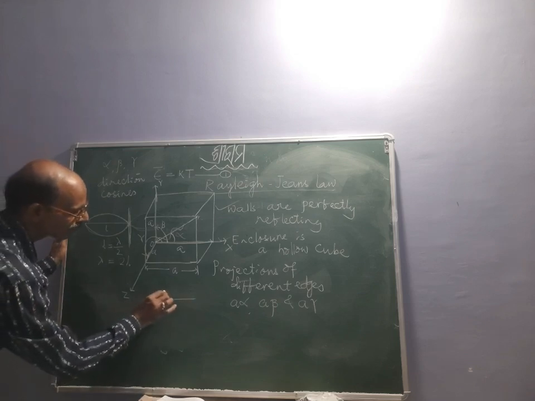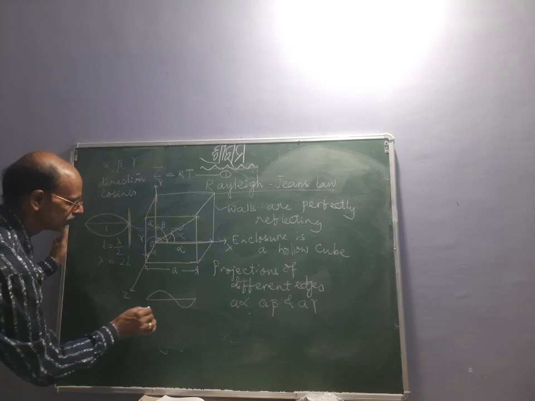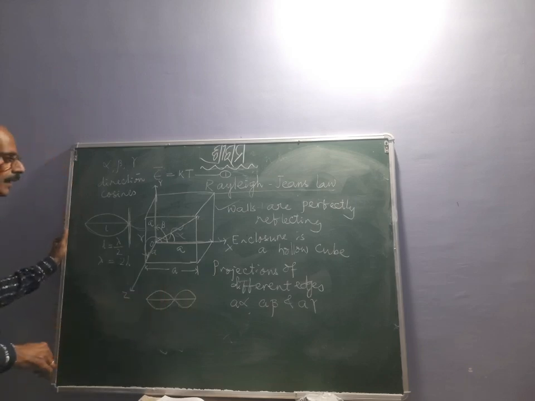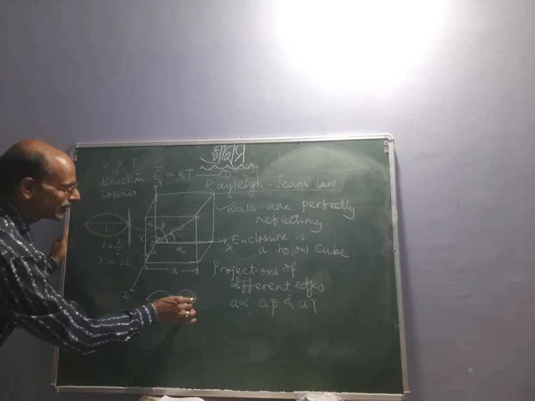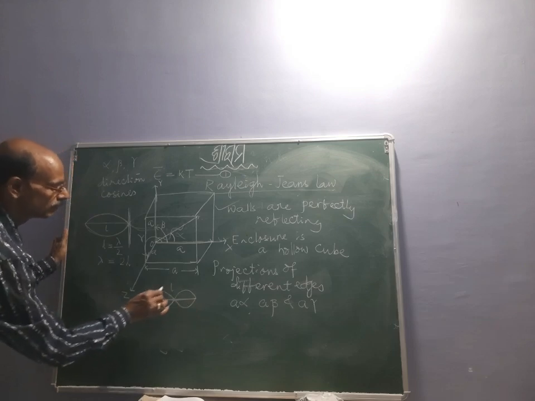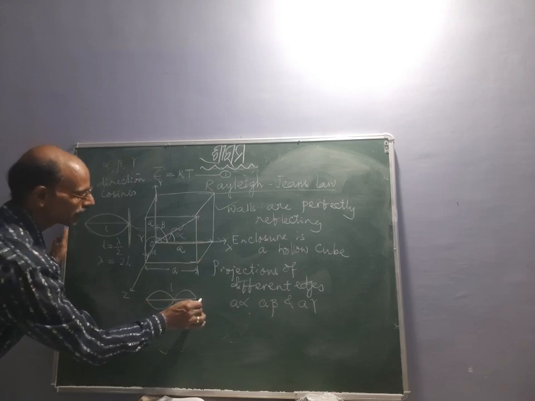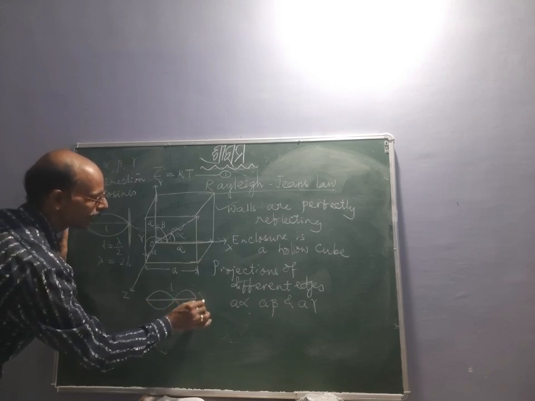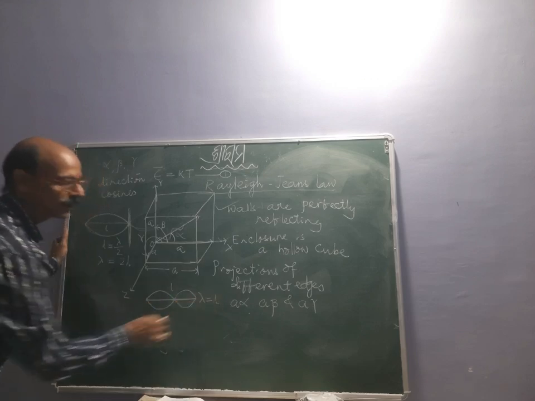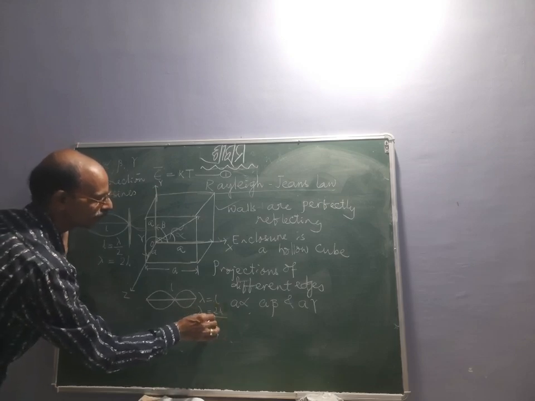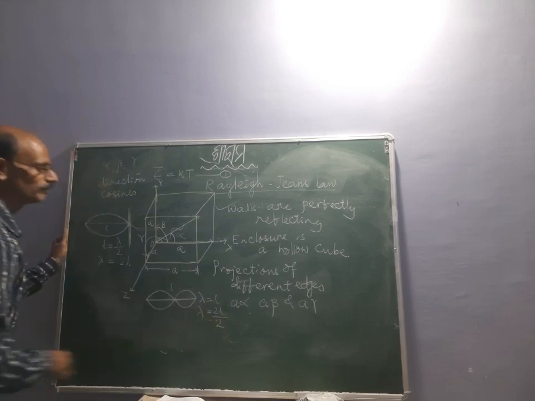Then another mode of oscillation. This is another mode of oscillation. Here this length is L. This is lambda by 2. This is lambda by 2. So total is lambda. So L is equal to lambda. I can write it as lambda is equal to 2L by 2.